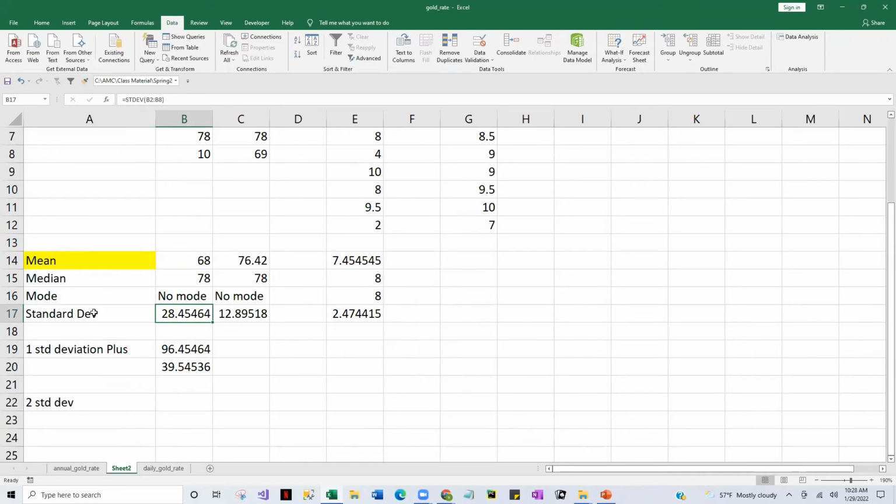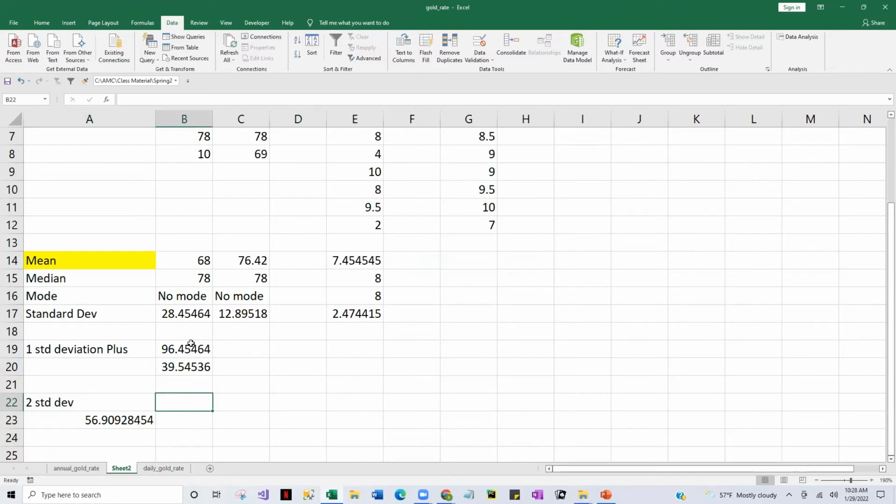So what we are going to do is multiply the standard deviation by 2, and add it to the mean and subtract it from the mean. That will give us about 95% of the data. So let's do that. 2 times the standard deviation is 2 times this, which is going to be 56.